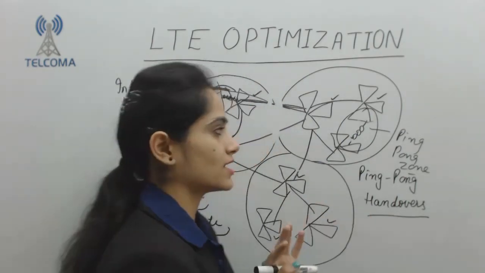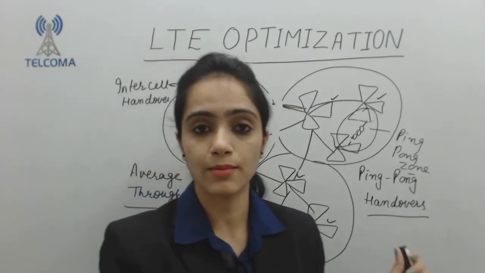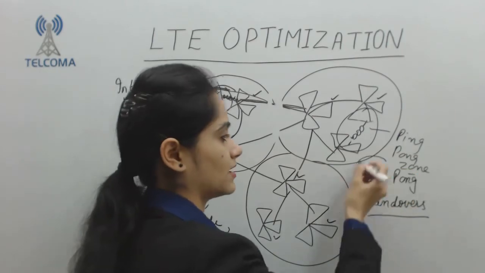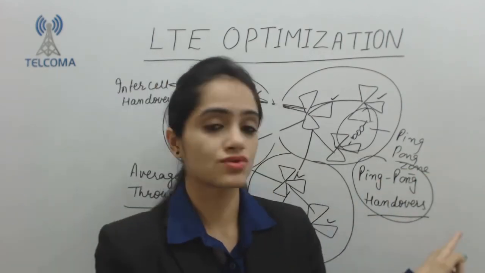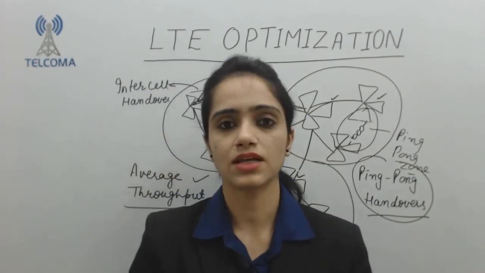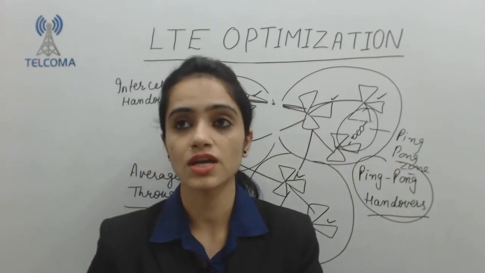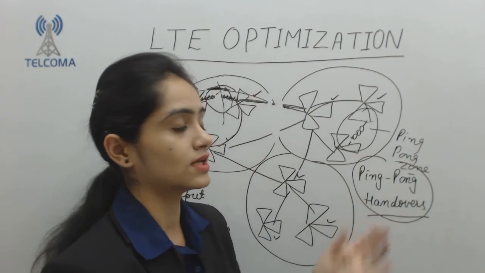The RSRP is fluctuating because the UE is not able to find the appropriate cell to attach to. So you will have a problem here, and that type of handover is ping pong handover. This zone is the ping pong zone, and we require to find all such zones and then optimize why there are handover related issues and why there are ping pong handovers in this particular area.